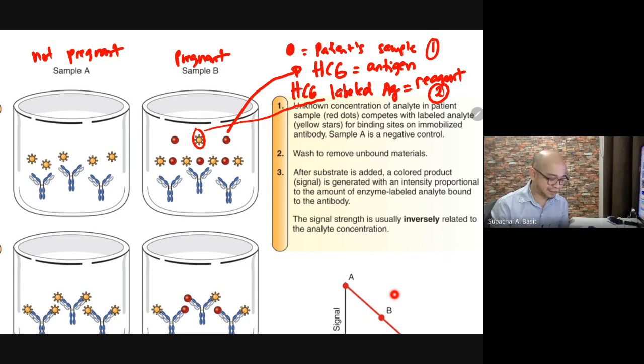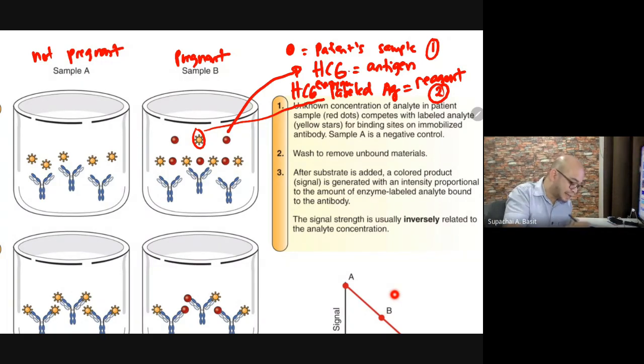So let's say, for example, we label the HCG with an enzyme, enzyme-labeled HCG. So what will happen here in sample B, since the patient is pregnant, the patient's HCG and the enzyme-labeled HCG will compete for a limited antibody binding site.